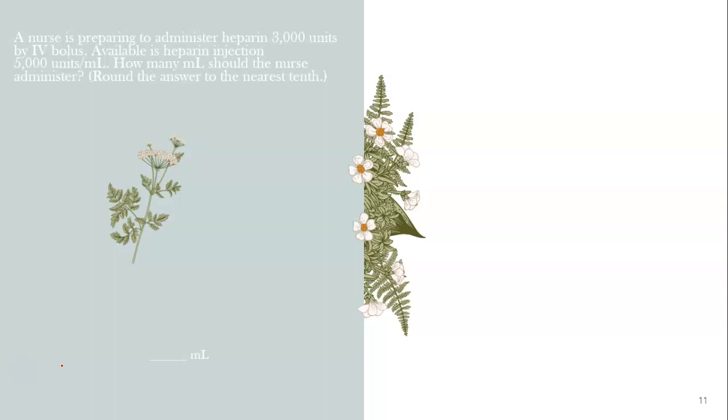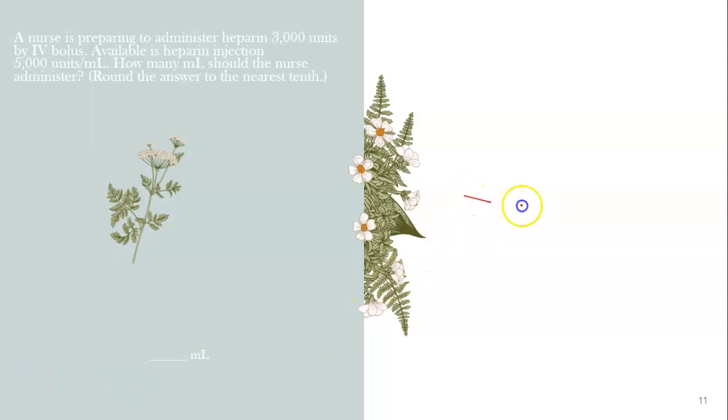Next. Okay, what does it matter what kind of med this is or what it's in? Milligram, milliliter, whatever, units, milliequivalents, whatever it is. I just want to make sure everything is the same when I set it up.